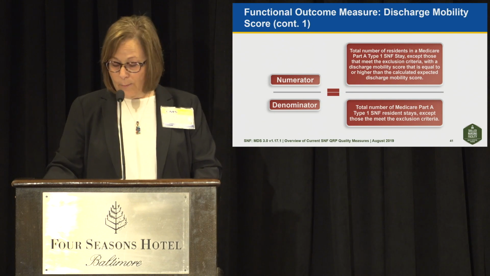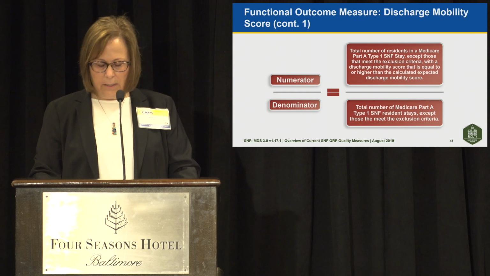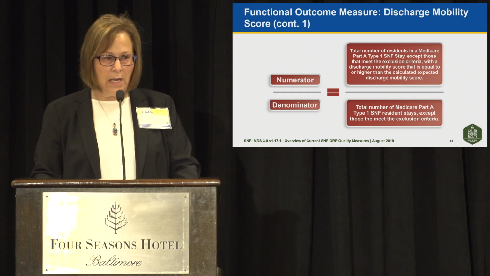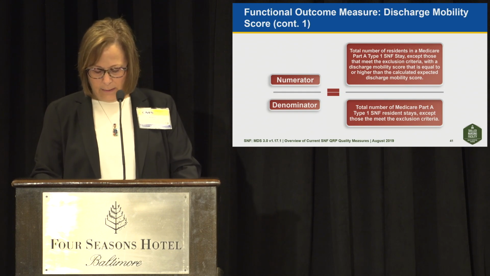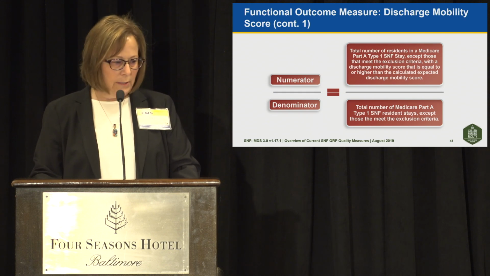On slide 41, we have an illustration of how the discharge mobility score is calculated, which you'll note is similar to how the discharge self-care score is calculated. However, it uses section GG mobility items for the calculation.